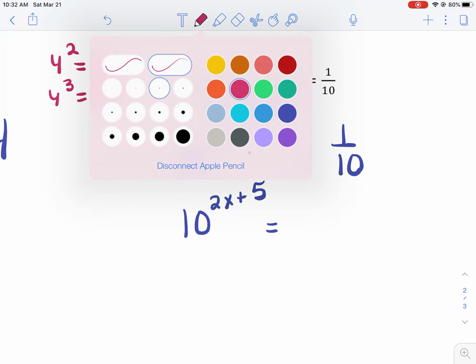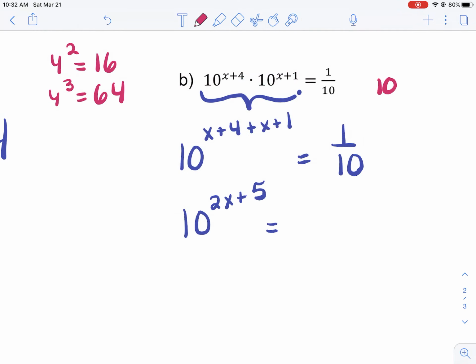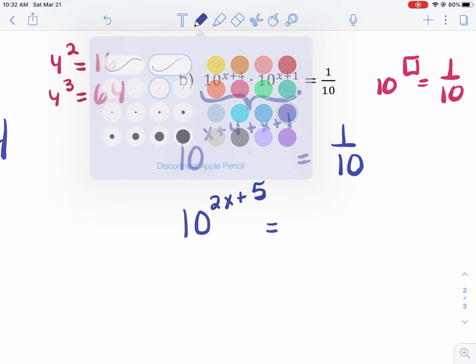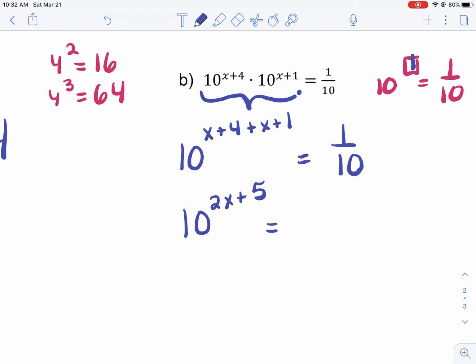We know 10 to what power is 1/10? We know 10 to the 1st is 10, so what made that go to the bottom? Anytime you're trying to rewrite the base and make it a fraction, you know that exponent's going to be negative. So 10 to the negative 1 equals 1/10. So we're going to rewrite the 1/10 as 10 to the negative 1.